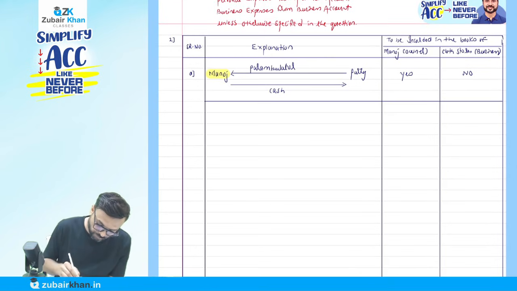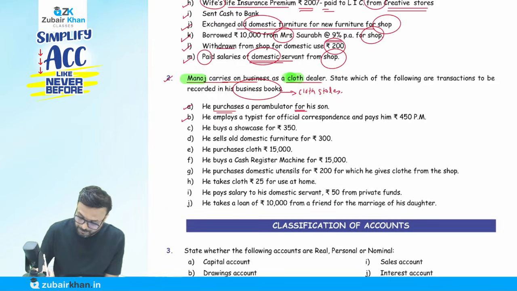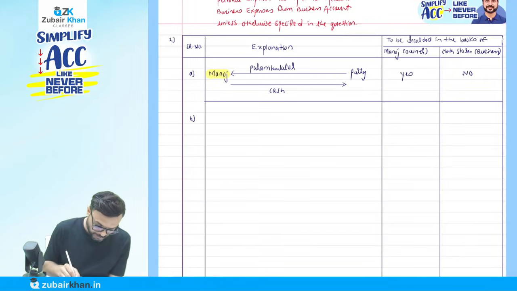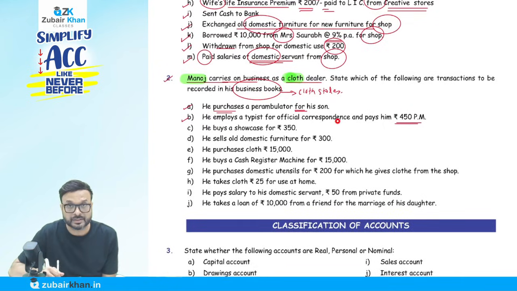Okay, point number B. It says that he employs a typist for official correspondence, meaning for the purpose of business, and pays him rupees 450 per month. Now write down here cloth store, for official, and he pays 450. It is not saying whether from personal or from business.